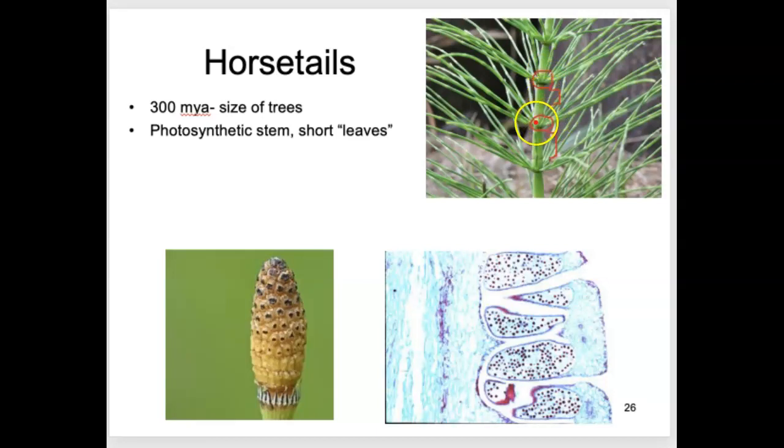Coming off the nodes, you have these little leaves that branch off. Leaves do have some photosynthetic ability, but they're not big, and they're not providing a lot of surface area for photosynthesis.